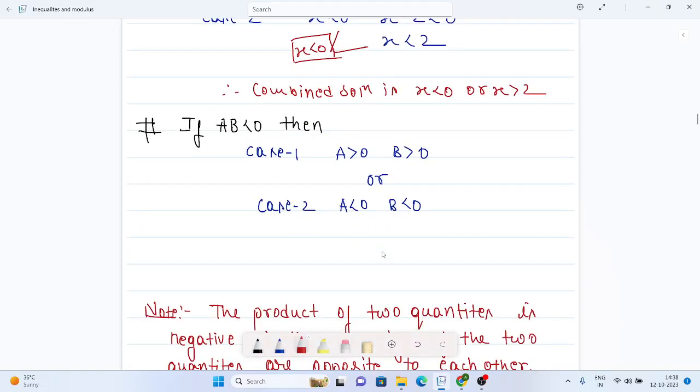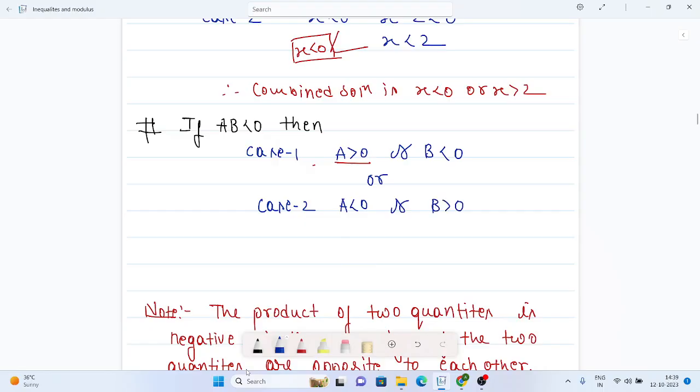Now the third case is if AB is less than 0, then either A is greater than 0 and B is less than 0, or the second case is A is less than 0 and B is greater than 0.